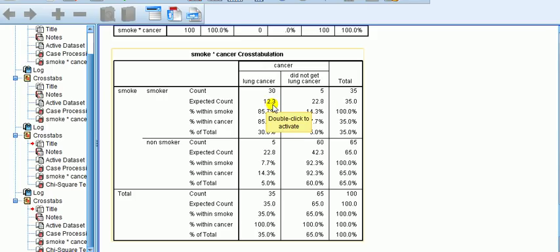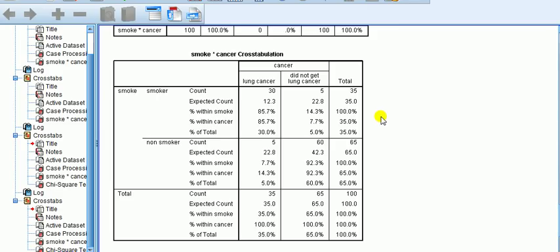Alright, so for each cell, the closer the count value is to the expected count, the more it means you probably will not reject the null, i.e. there is no relationship, because the expected counts are generated assuming that the null is true, i.e. that there is no relationship.